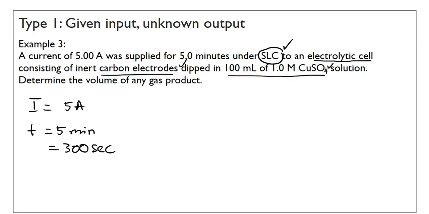I actually don't know what the product is looking at this cell. And then the question asks, determine the volume of any gas product. So you need to find the volume of gas product. And this is where the SLC comes in.